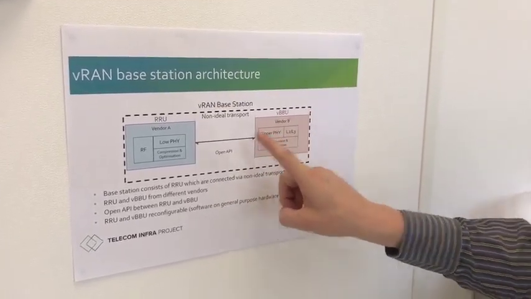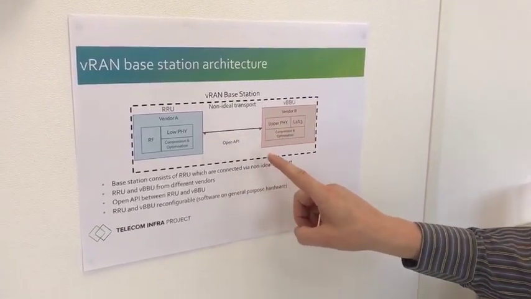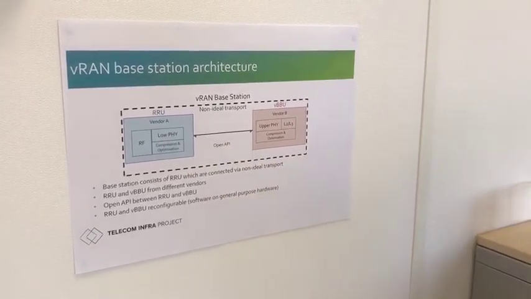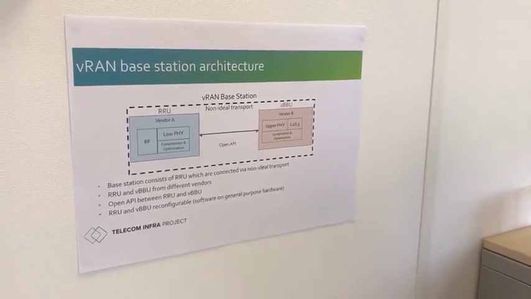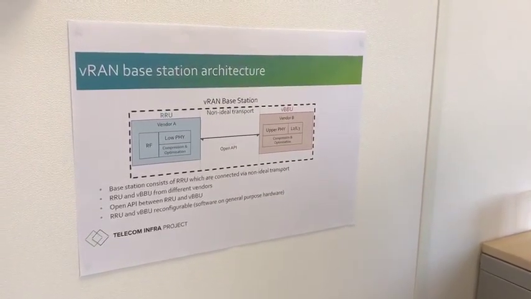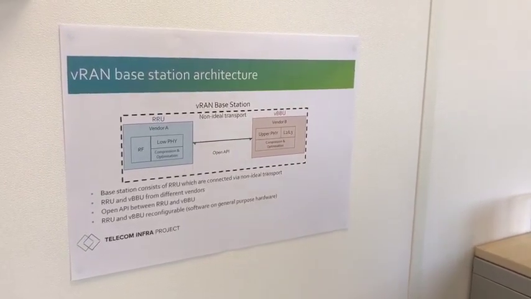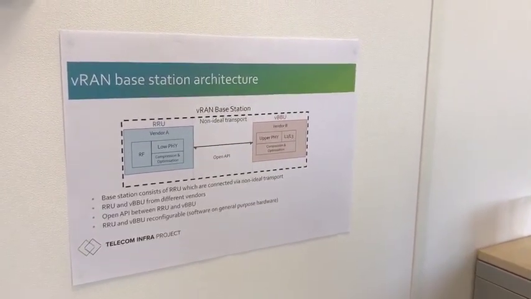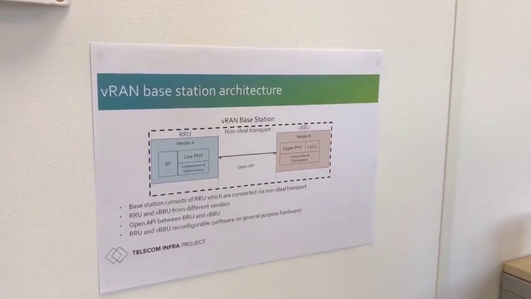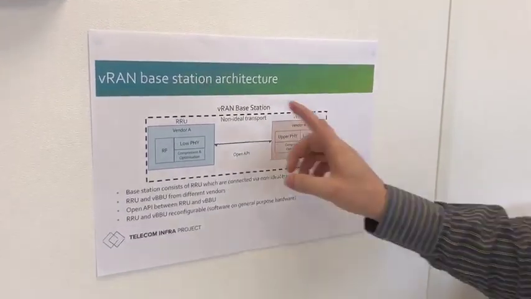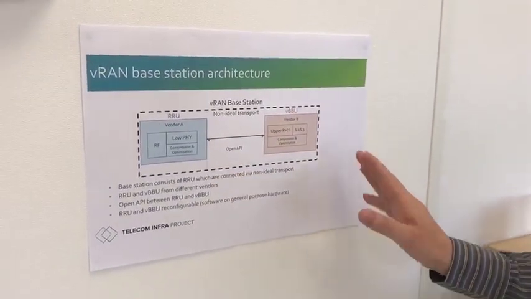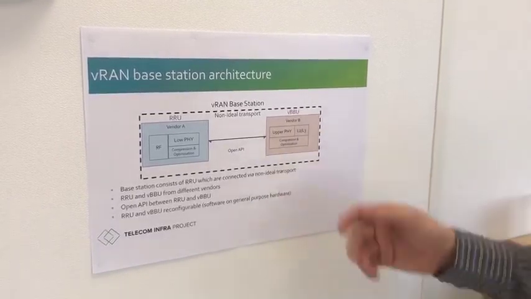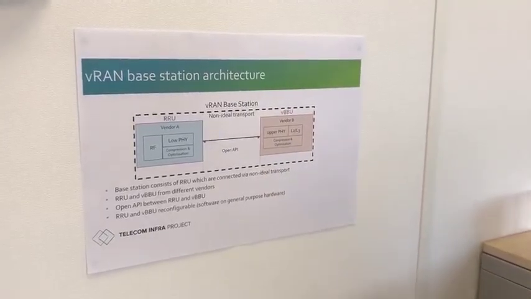We want to use the existing transport infrastructure that any operator might have. So that can include PON, it can include G.fast on copper, it can include DOCSIS over cable, it can be microwave links, it can be any number of links. And we want to make sure that the same vRAN solution will work for all operators regardless of the transport.